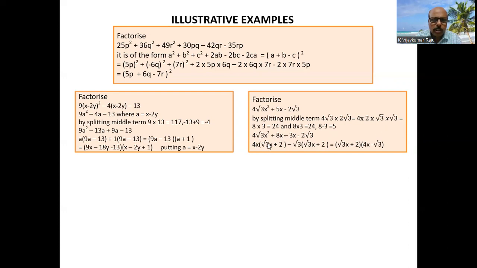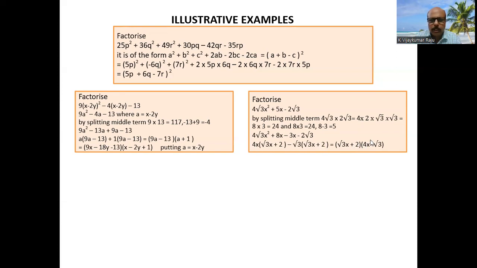So it is root 3x plus 2, because 4 2s are 8. Here, 3 can be written as root 3 into root 3. One root 3 you take out, and one root 3 will remain inside: root 3x plus 2. So your answer will be root 3x plus 2, and the second bracket will have 4x minus root 3.